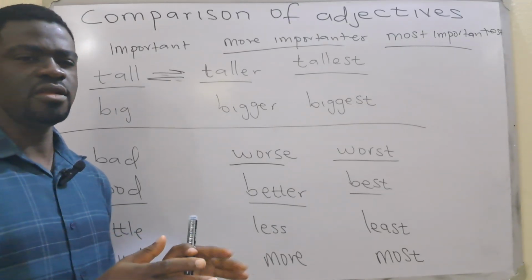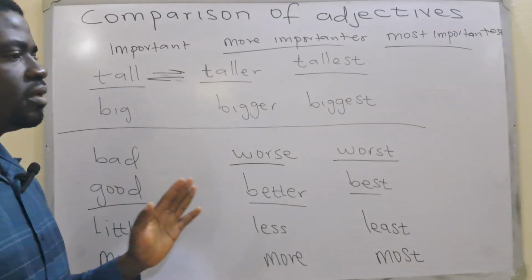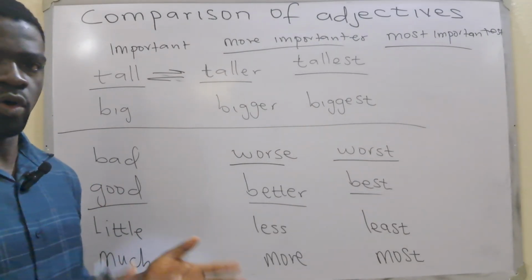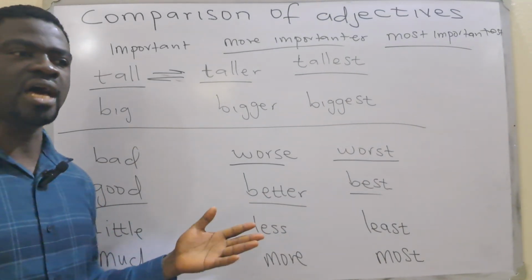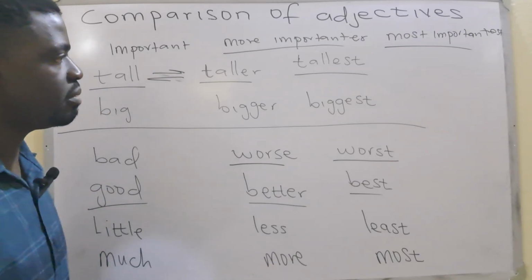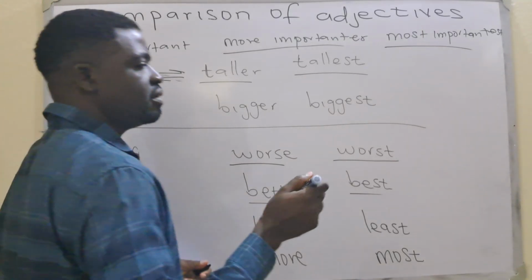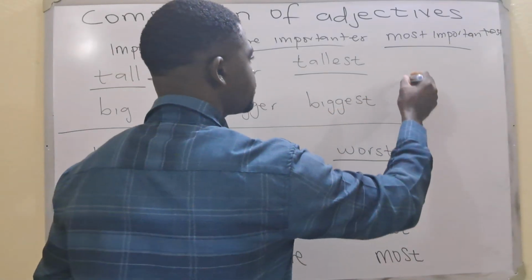They are considered perfect. So you cannot compare them or grade them. So you can describe such adjectives as non-gradable. They are non-gradable. For example, the word perfect.